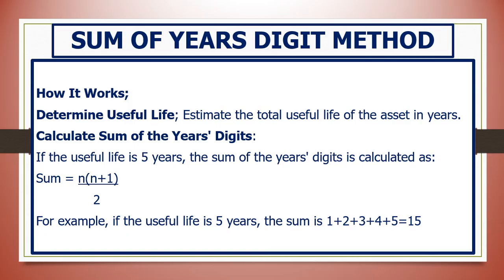Now, after determining that, you determine the sum of the years digits. If, for example, the useful life of the asset is 10 years, how do you get the sum of the years digits? You can use the formula n into n plus 1 divided by 2, where n is the number of years. So, for example, if we had 10 years here, then the sum of years digits would be 10 into 10 plus 1.